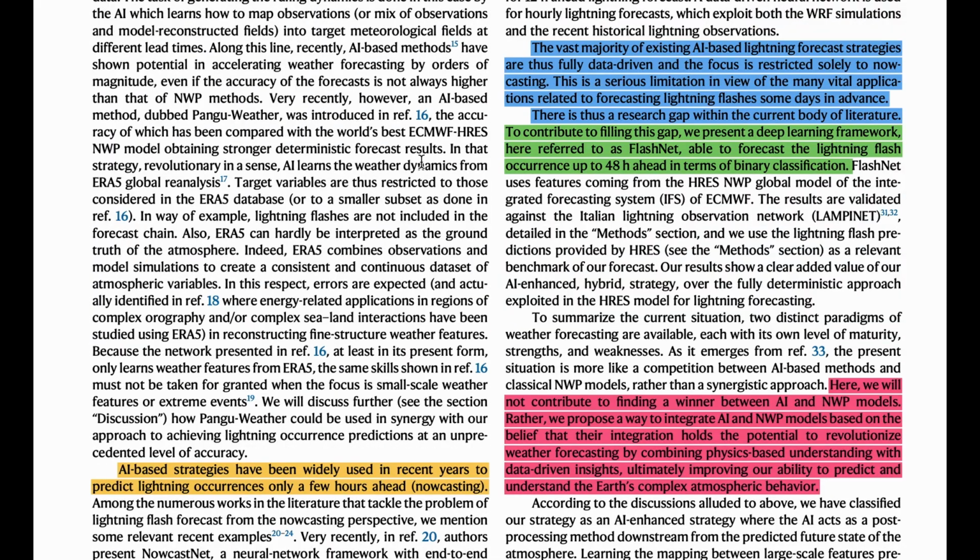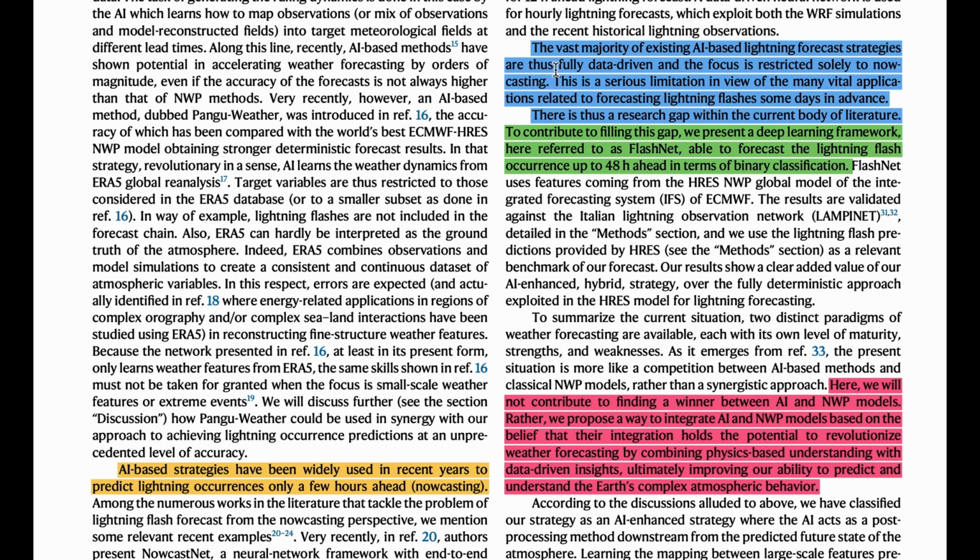So they slowly started to move toward the research gap. What is the gap they're trying to fill? So what is missing and needs to be fulfilled? And here it is. The vast majority of existing AI-based lightning forecast strategies are thus fully data-driven, and the focus is restricted solely to nowcasting.